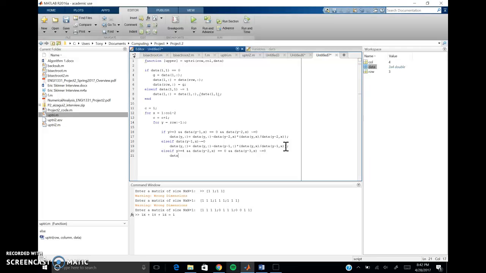We say data y of all rows is equal to data y of all rows minus data y minus 3 x times data y x divided by data y minus 3 x.